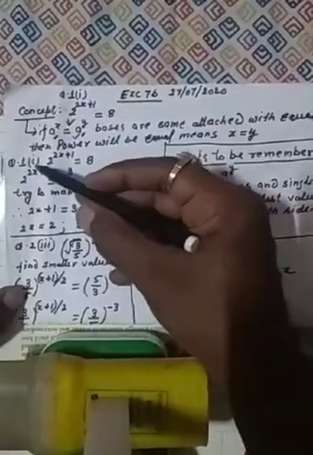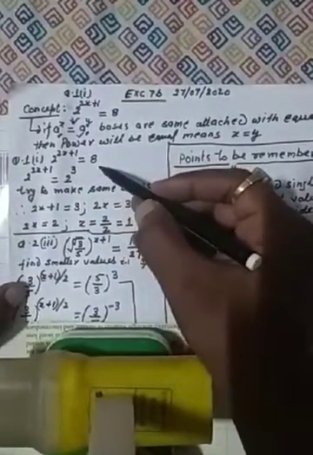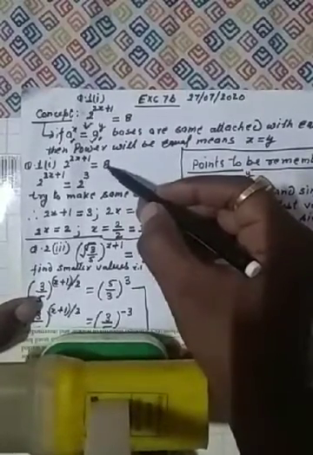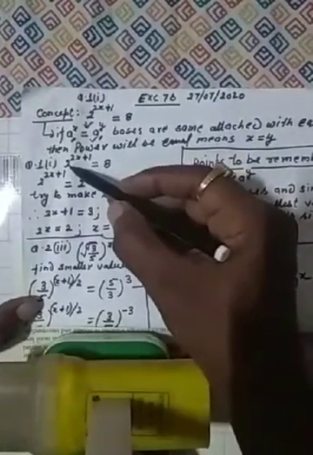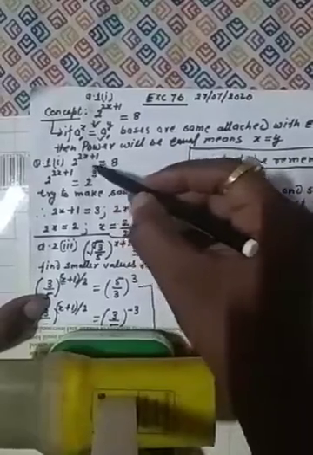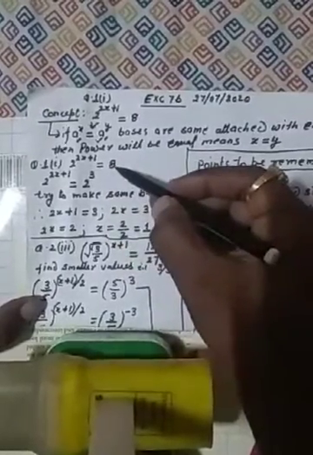See the first question. First question is 2 to the power 2x plus 1 is equal to 8. On the right hand side this is 8 and on the left the base is 2. On both sides of the equal sign, here the base is 2, here the base is 8.